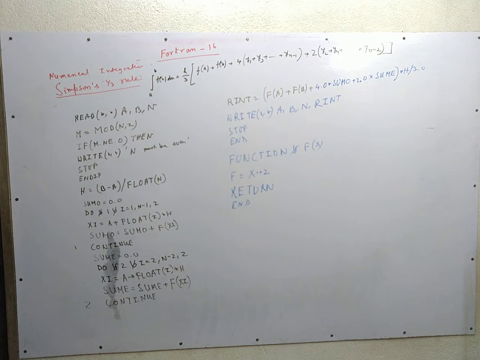Otherwise, the program may be done in a more sophisticated way, in which case the program itself would take care of the convergence. I will come to this program in a next class. For now, it's a simple program using Simpson 1/3 rule.